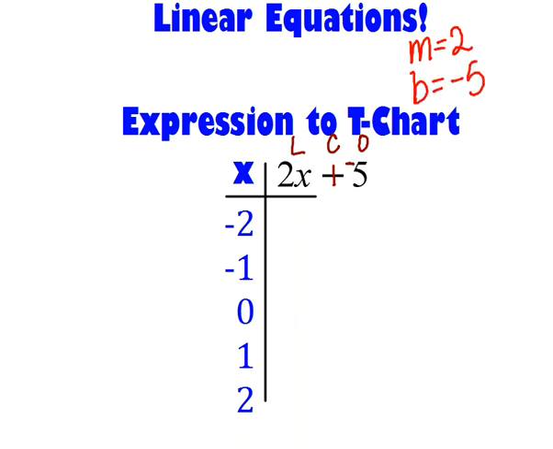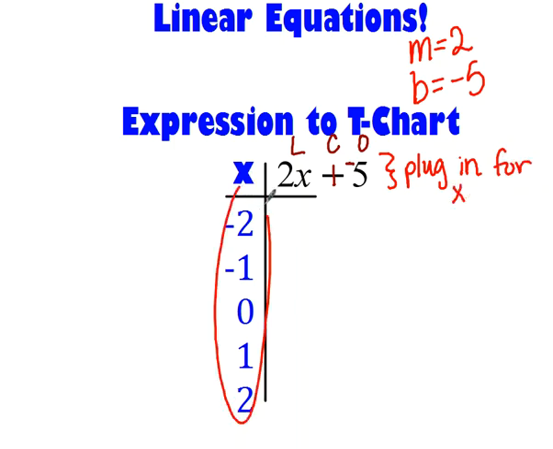Let's go ahead and take this expression and make it into a t-chart. All we have to do is take the expression that we are given, and plug in for x. They have given us some x values. You'll see them over here on this side. We take our expression and plug in these x values where we see this x.